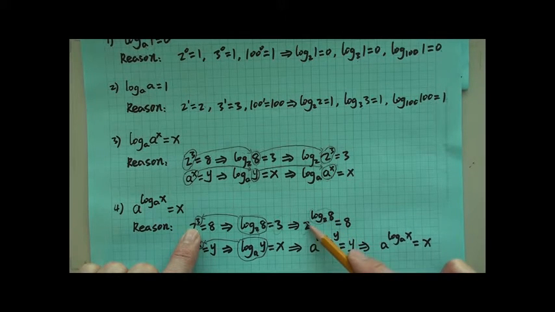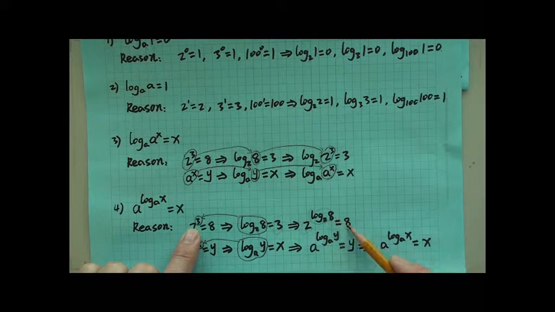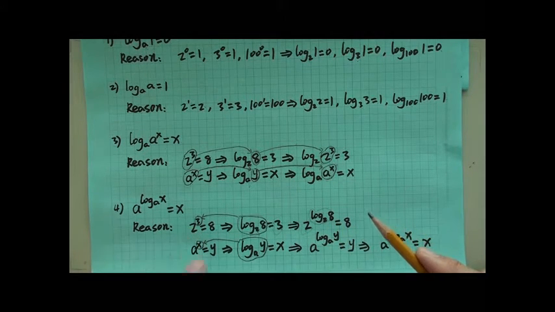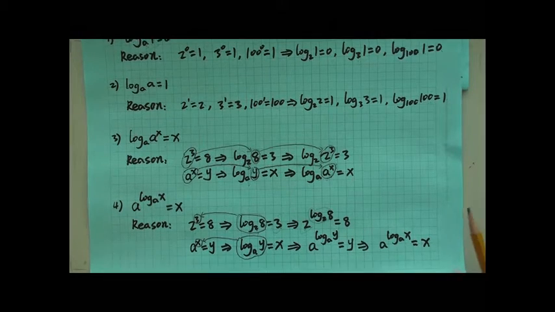This is the base for the exponential function, this is the base for the logarithm. So 2 and 2 are the same. Drop those things. Just write 8. If here are the same, you drop it. Just write 8.